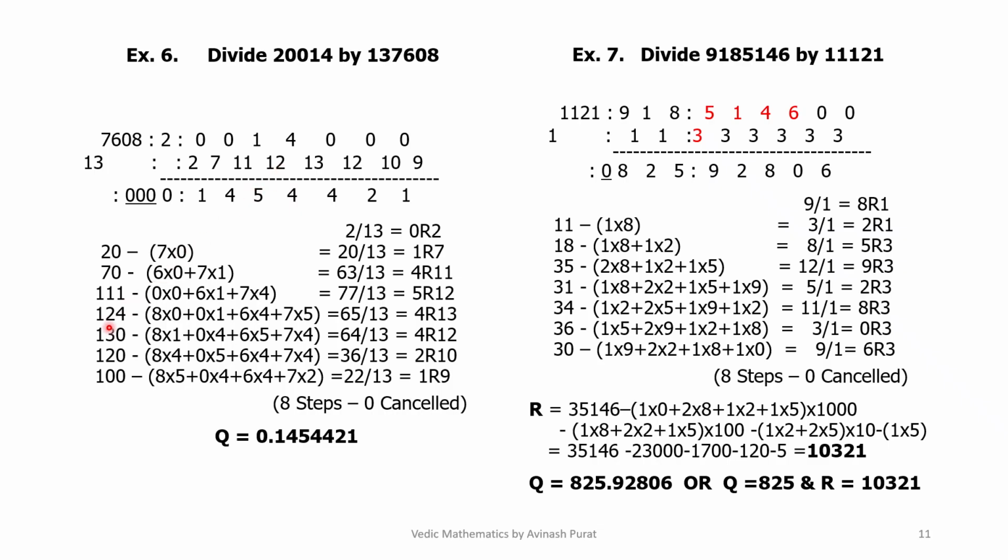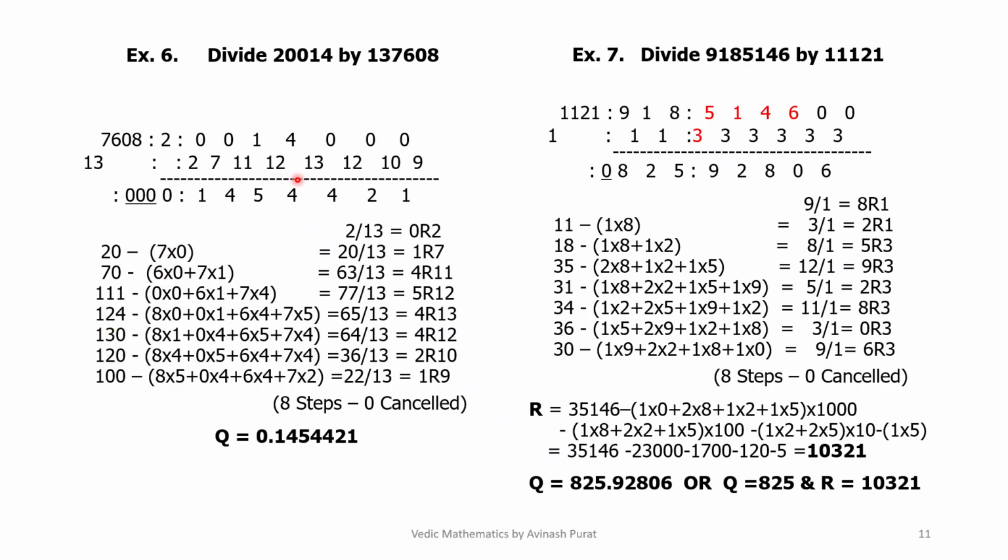124 is the next dividend, minus 8 into 0 plus 0 into 1 plus 6 into 4 plus 7 into 5, that is equal to 65 by 13. So 4 is the quotient and 13 is the remainder.